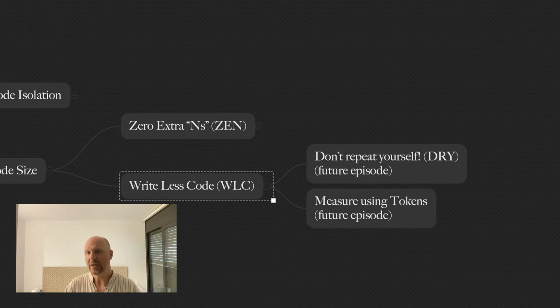You want to eliminate the noise of having a lot of largely meaningless tokens in your code, and you want each token to express to the computer and to the human reading the code as much as possible about the problem that you're solving. Fewer tokens, of course, means less to read. It means less to edit when you need to make changes. It's the fundamental unit of code size.